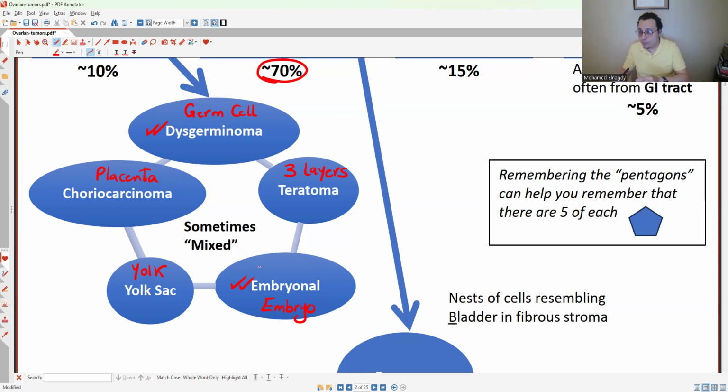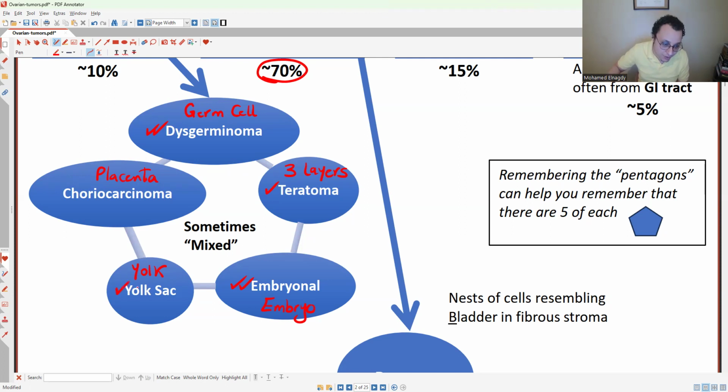And then once you form the embryo, you have three layers in the embryo from which all the organs are derived, which are ecto, endo, and meso. If you remember ectodermal, endodermal, mesodermal components, you remember this teratoma thing that has components of all three germ layers of the embryo.